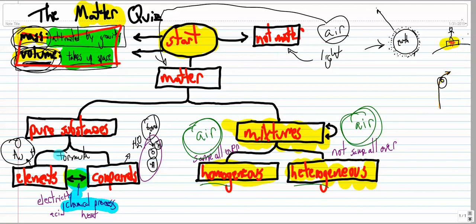And just like in elements and compounds, we use a chemical process to separate them or to go back and forth. With a mixture, we can go back and forth. We can separate them with a physical process. What's a physical process? A physical process is one where we don't mess with the bonds.